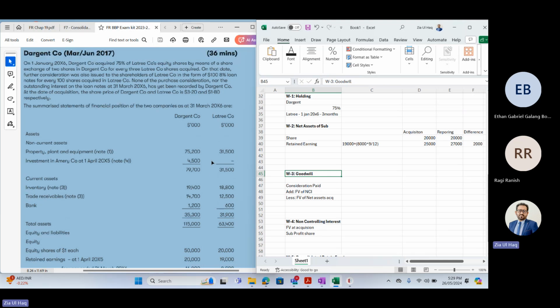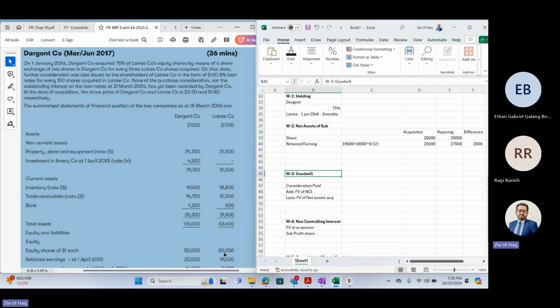So on 1st January 2026, Dargent company acquired 75% of Latry company's equity share by means of a share exchange of 2 shares in Dargent company for every 3 Latry company shares acquired. How many shares Latry company is having? 20,000.